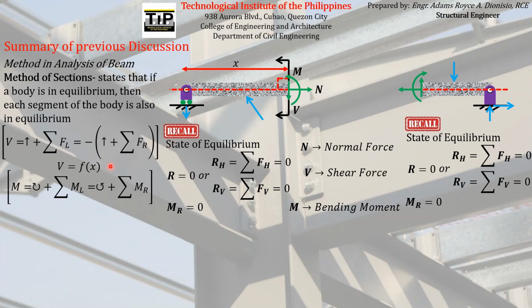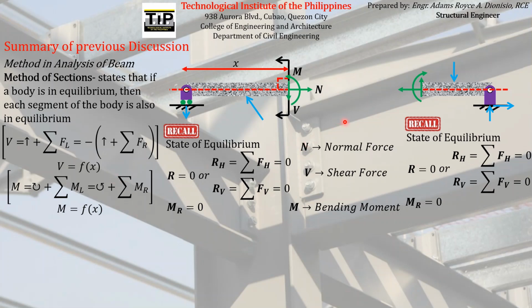So we studied how to get the shear force at any distance along the beam with respect to its distance from a reference point, usually the left end, as well as the bending moment. We express the shear and bending moment in terms of the location with respect to the left end. So that is another thing that we learned from the previous meeting.